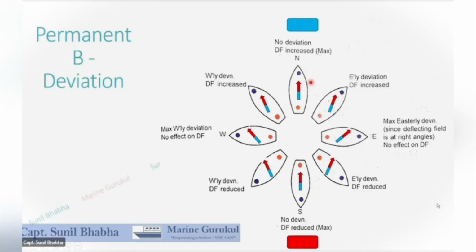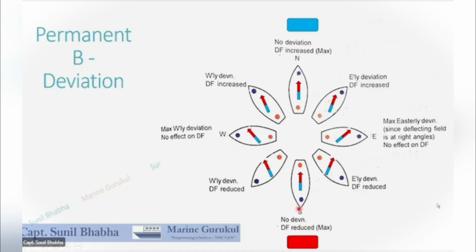If ship pole and earth pole are aligned, there will be no deviation at all. And if the ship's poles and earth pole are at right angles, there will be maximum deviation. So that's why in the southeasterly heading, the deviation is reduced now, but it is still easterly.